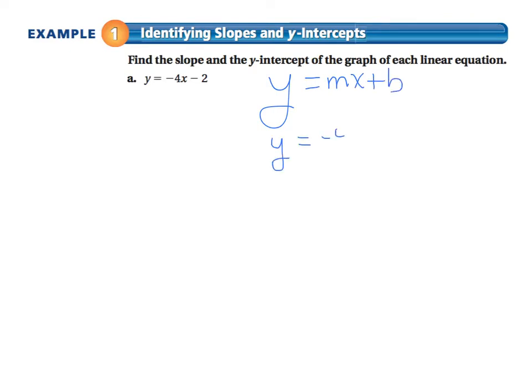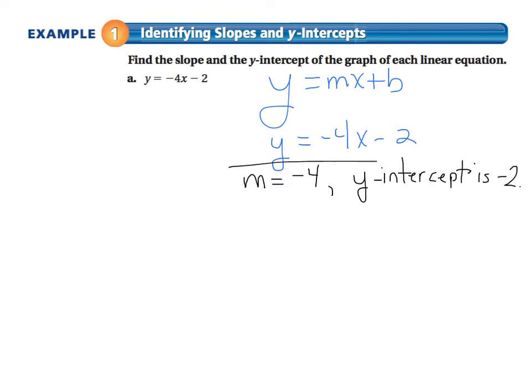Y equals negative 4x minus 2 is our equation. So in this case, the problem is already in slope-intercept form. So the slope, which is m, is negative 4, and the y-intercept is negative 2. That's it.